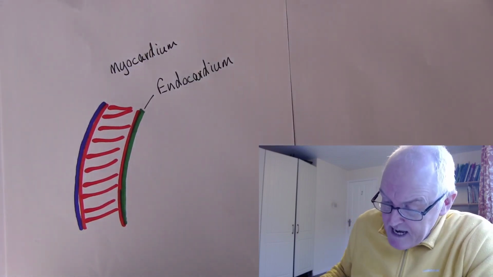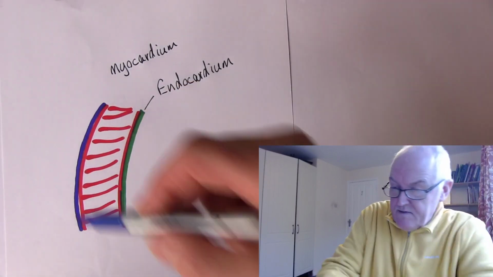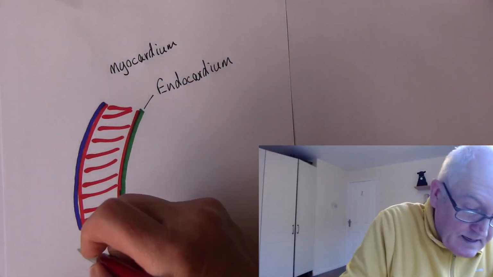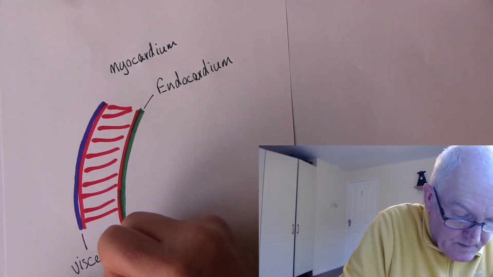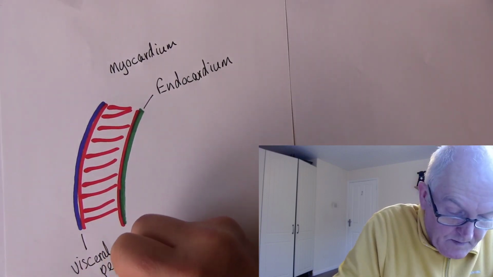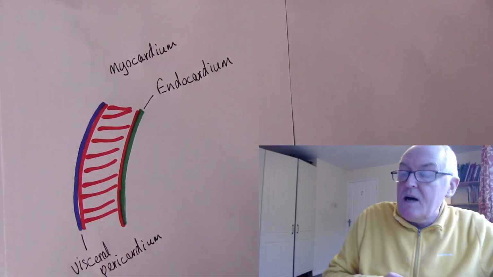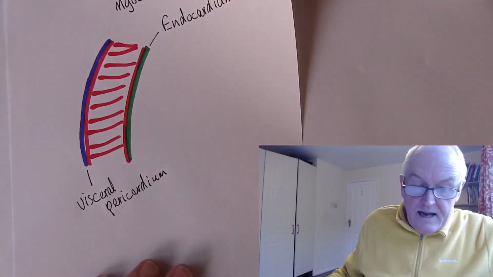So this layer here is the visceral layer of the pericardium. So that one there is the visceral pericardium. And sometimes you'll see this layer also described as the epicardium.